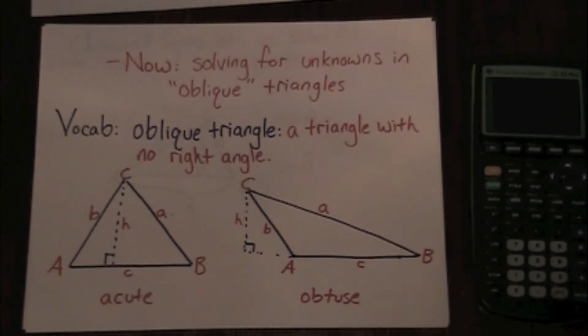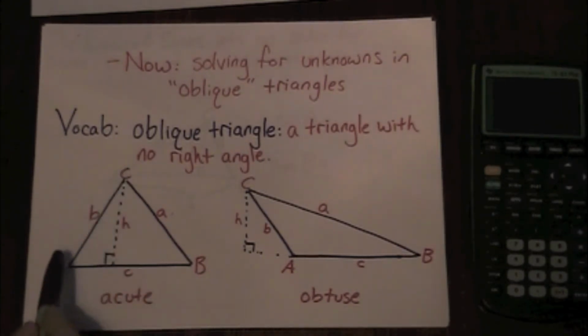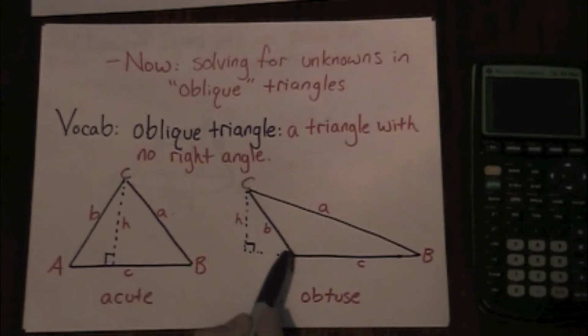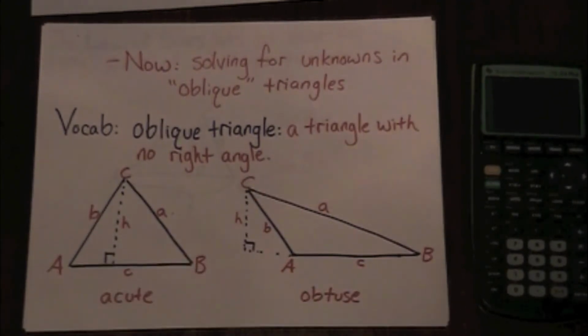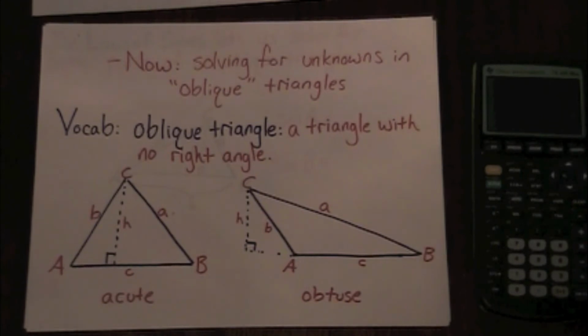And within these, we don't have a good way to solve for the entire triangle like we do with right triangles. A note about conventions in math. If you haven't noticed it so far, here's something that we typically do in mathematics. We label angles with uppercase letters. In both of these cases, I used A, B, and C. And we're going to use lowercase letters for the lengths within these triangles.